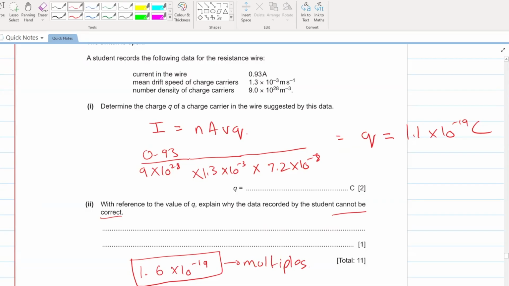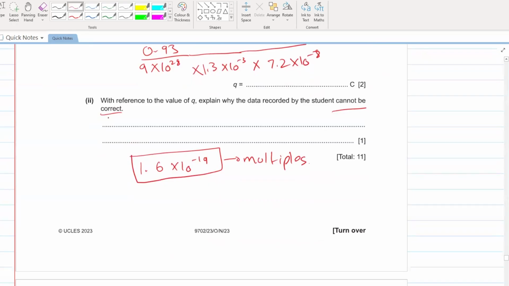You can write it here. 1.1 into 10 raised to the power of -19 is not a multiple of 1.6 into 10 raised to the power of -19 coulomb.